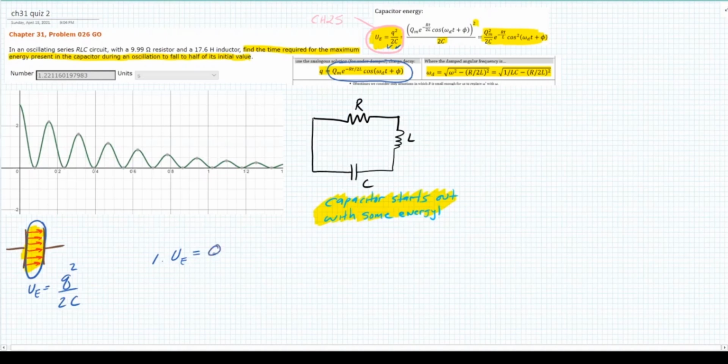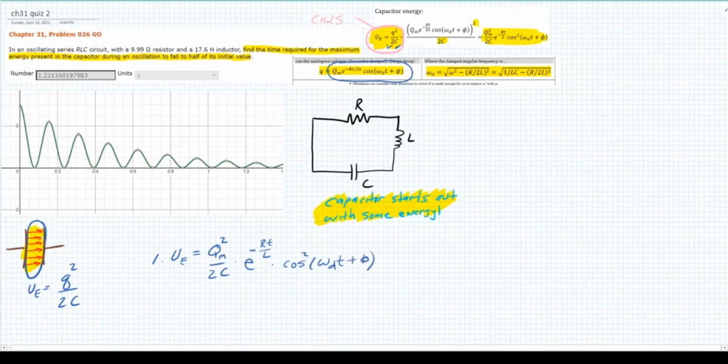So I'm just going to write down Q_M, that's my maximum charge, all over 2C. And here comes my decay term, e to the minus Rt over L. And here comes the bouncing part, cos squared of omega_D times t plus phi.